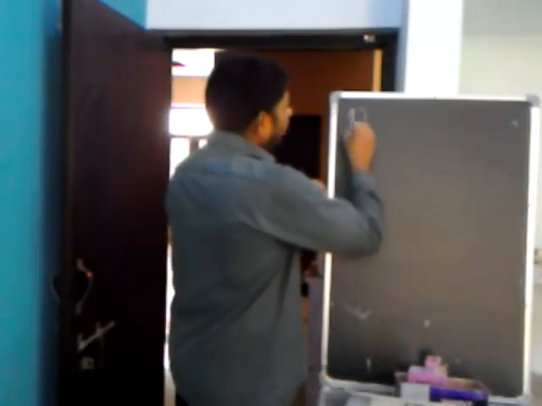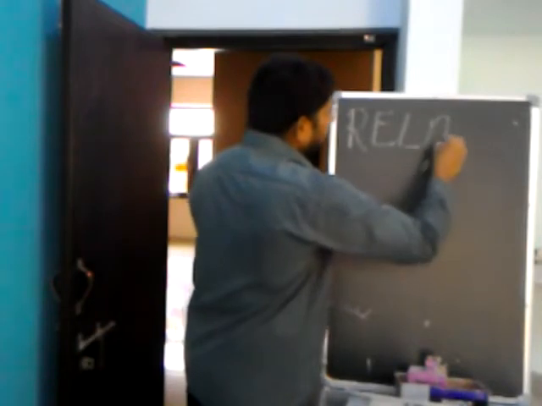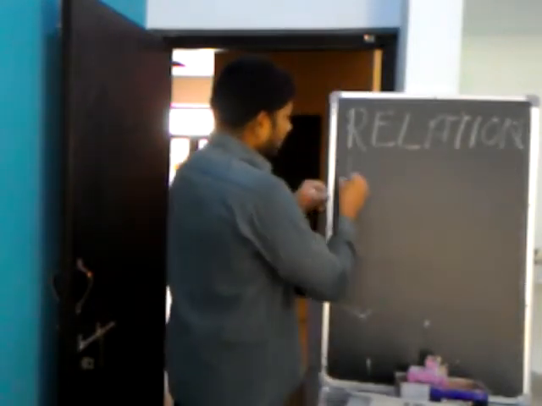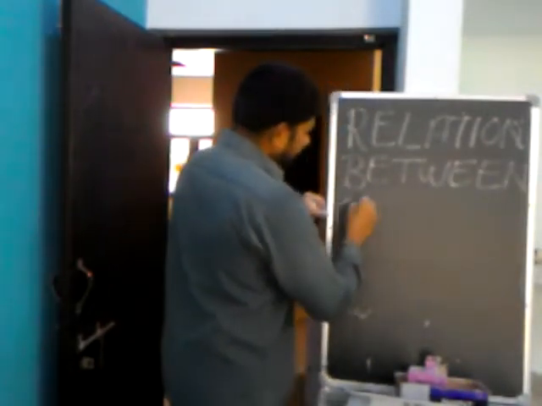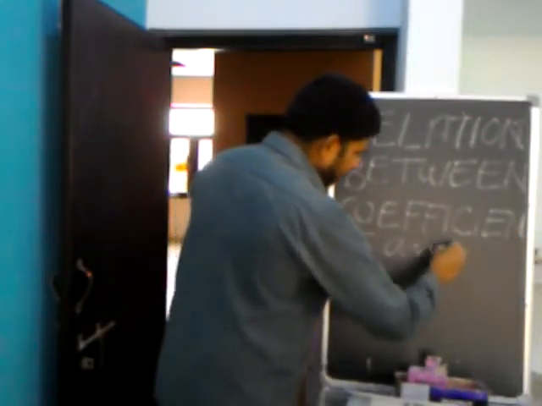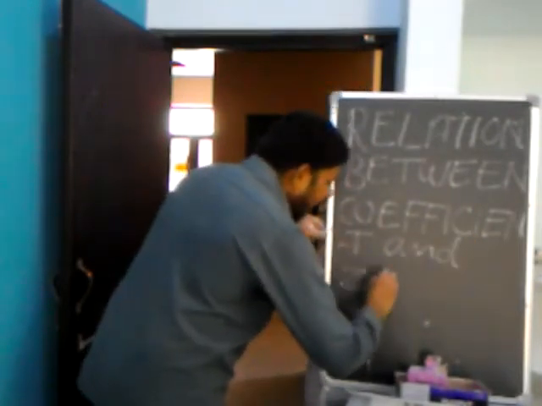Now let us move and see what is the relationship between the coefficients and zeros. Let me write it so you could understand it. We will study the relation between coefficients and zeros.